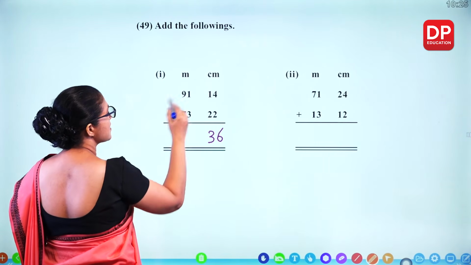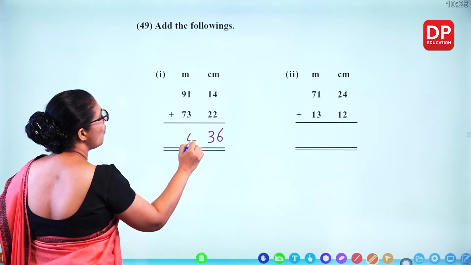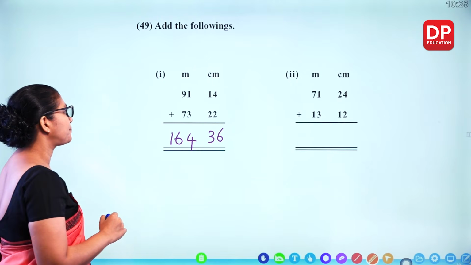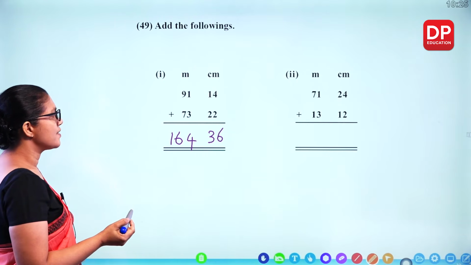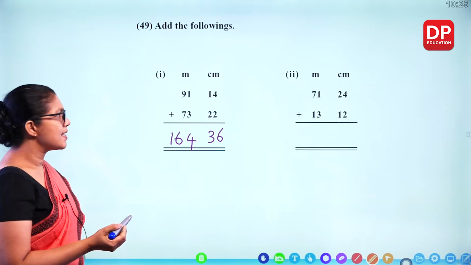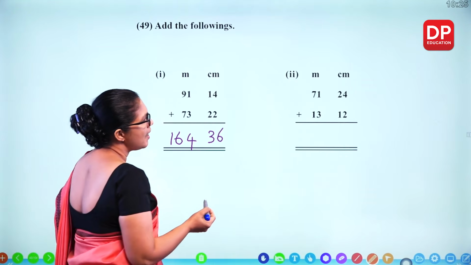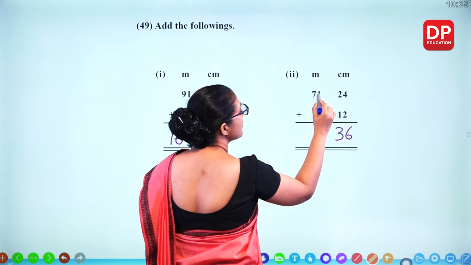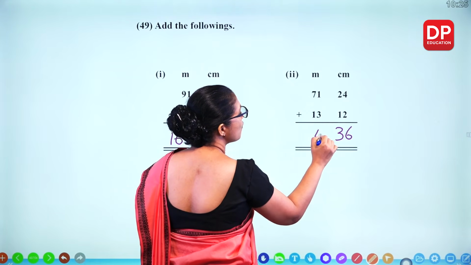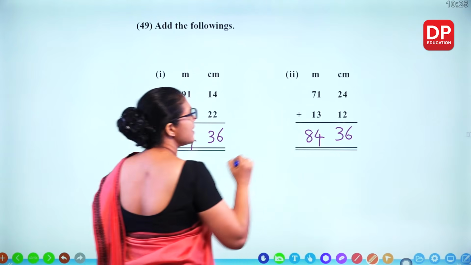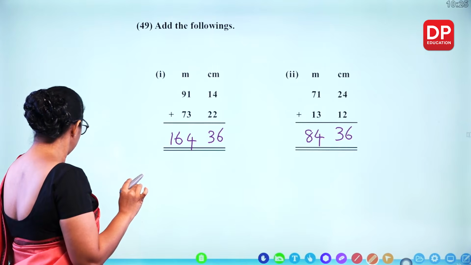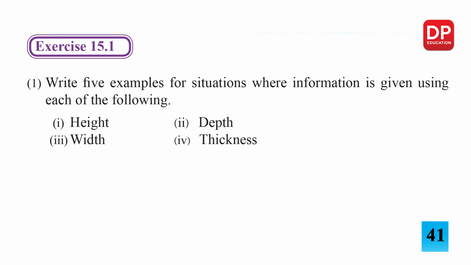So that's 36. 3 plus 1, 4. 9 plus 7, 16. So 164 meters and 36 centimeters. Add these two. 4 plus 2, 6. 2 plus 1, 3. 1 plus 3, 4. 7 plus 1, 8. That's also a straightforward question.